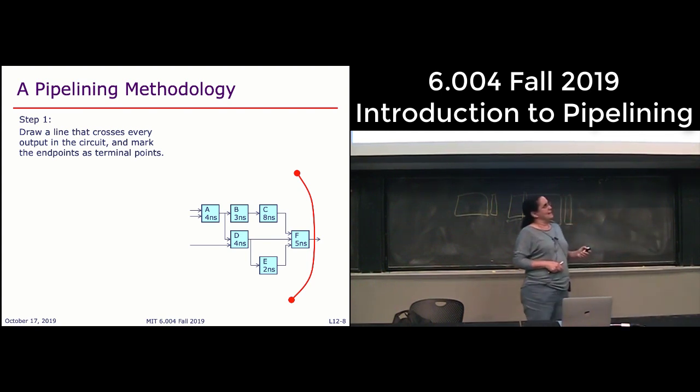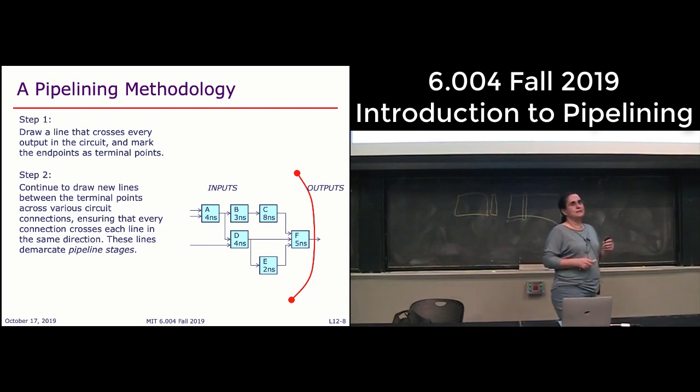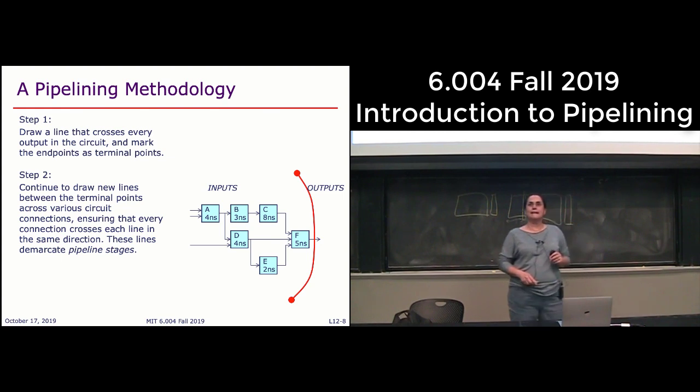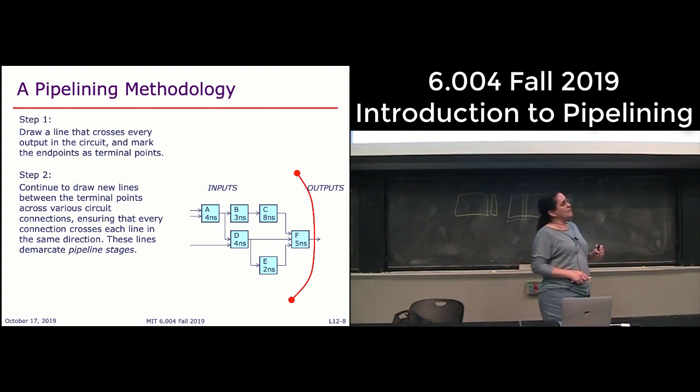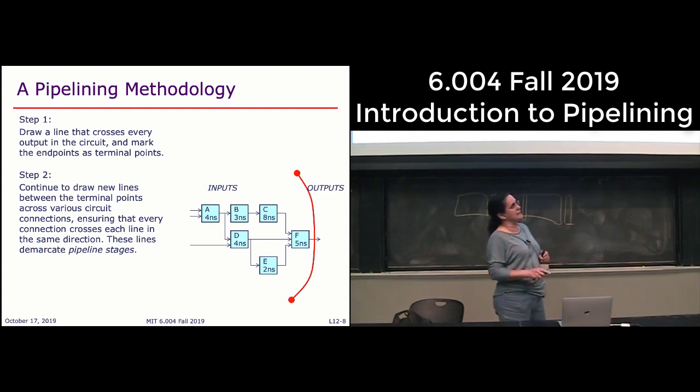The next thing I do is continue to draw these lines that connect these 2 points. And I have to make sure that every single line I draw always crosses these arrows in the same direction. In other words, you see here that we've labeled one side inputs and one side outputs, because all of the data flow in this particular circuit is going from left to right, okay?